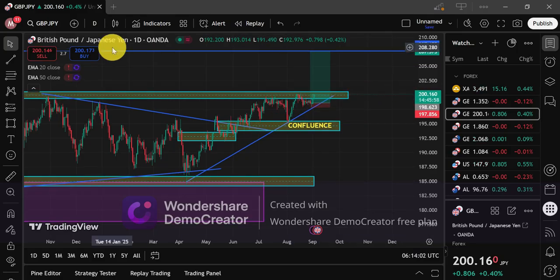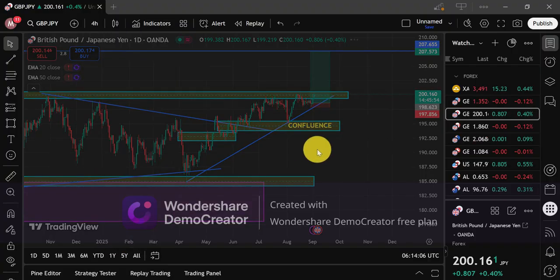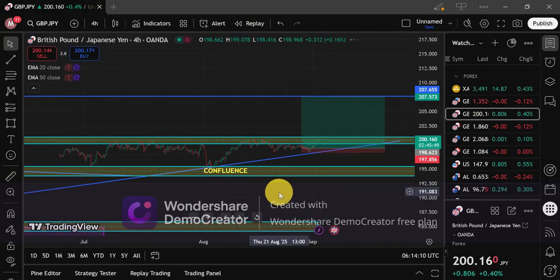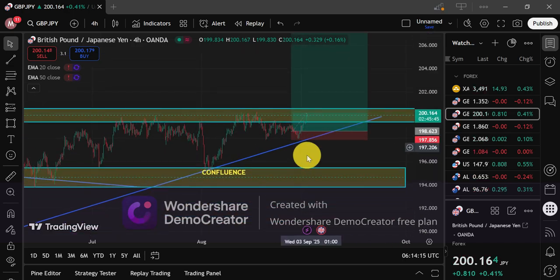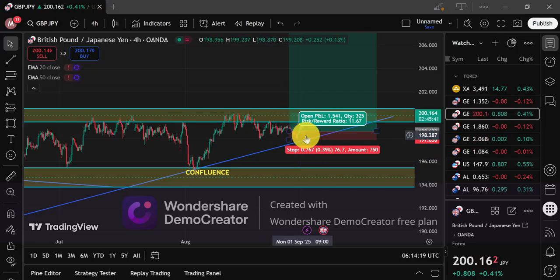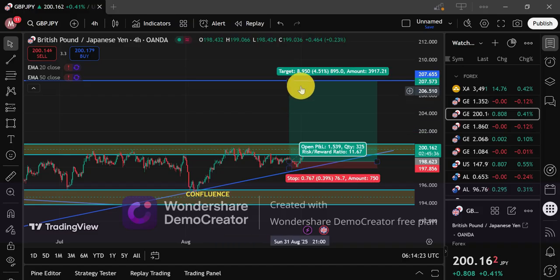So I went to the lower time frame, which was my 4 hours. Now I go from my 4 hours to 1 hour, depending on what I want to see on my charts. Currently we did a break of structure, and we should be looking to ride this into the new highs.